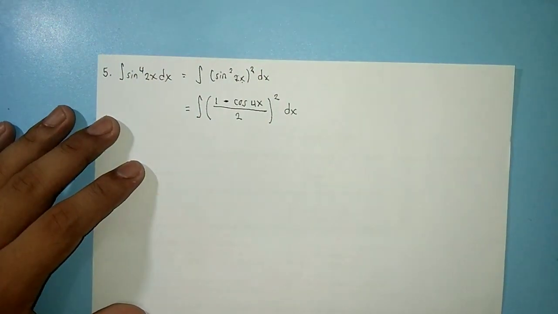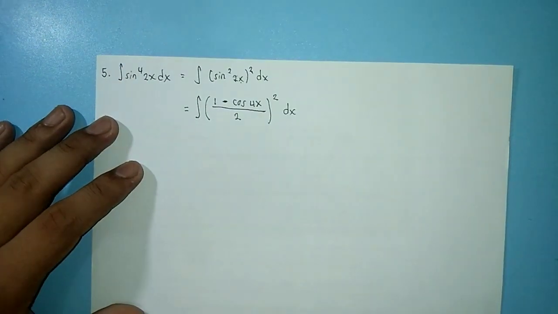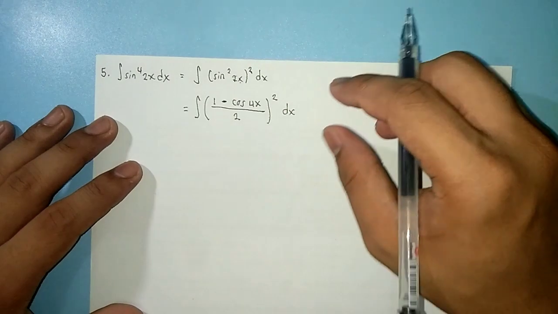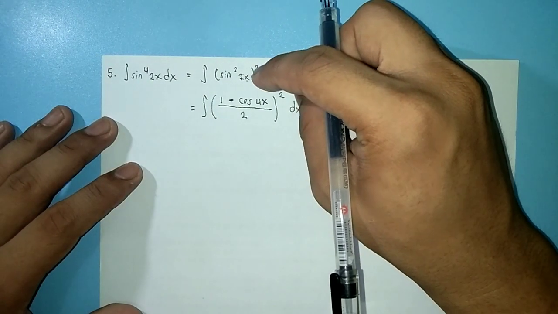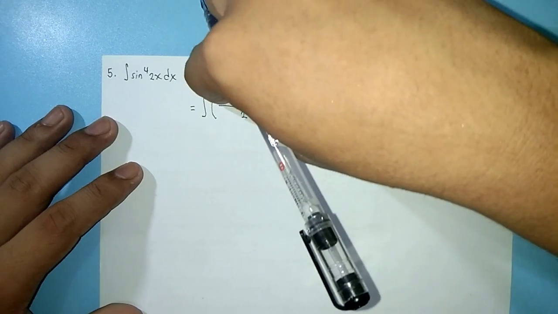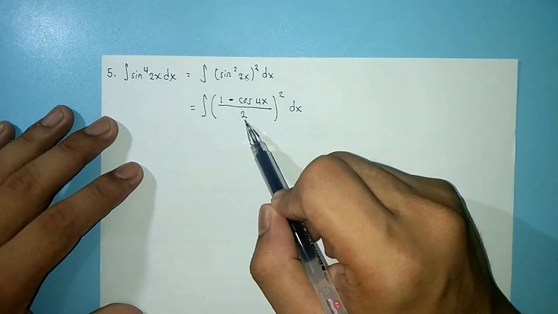Okay? So i-expand nga natin to. So yung 1 minus cosine 4x para hindi tayo malito, ang gawin natin, eto i-expand natin yung numerator tapos eto i-raise na natin sa 2.